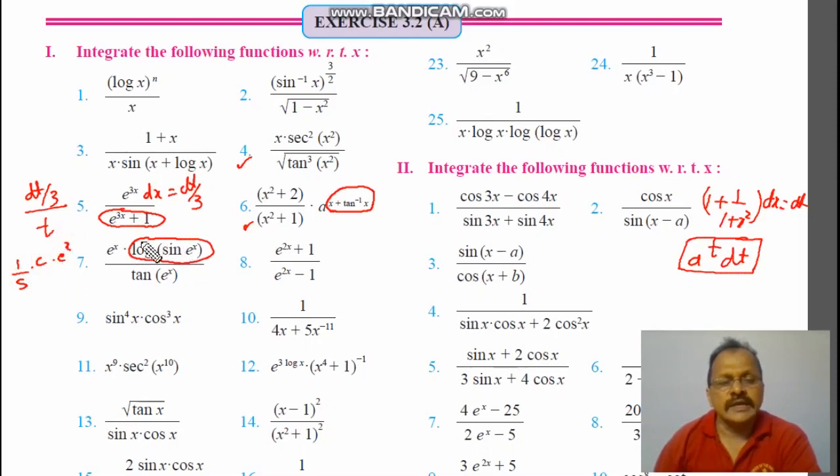That is, its derivative is e raised to x upon tan e raised to x, and therefore after putting log of sin e raised to x is equal to t, we can reduce this problem to integration t dt.